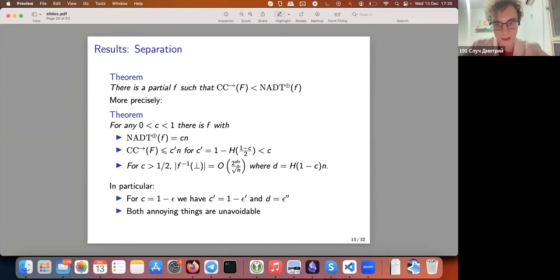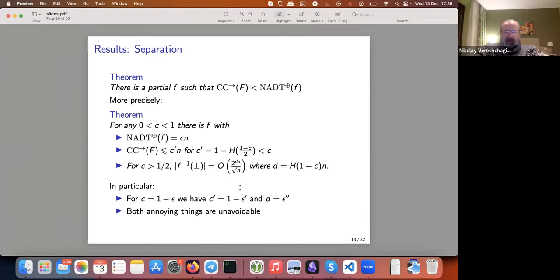So the factor t is unavoidable, because there exists a function with a small factor here for large t. So why is it unavoidable? The first theorem already claims that it's unavoidable.